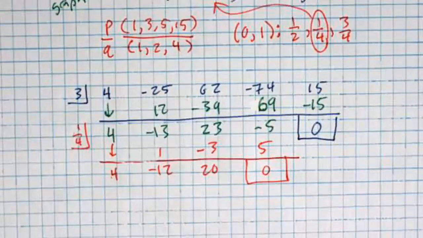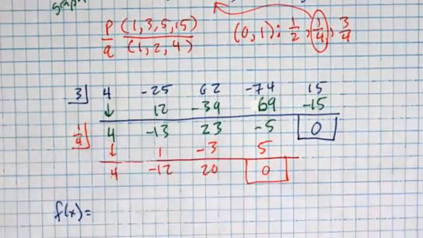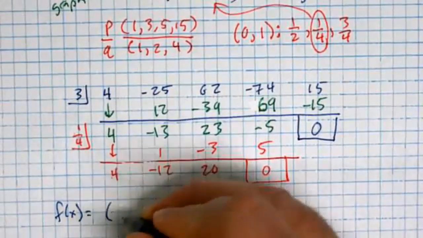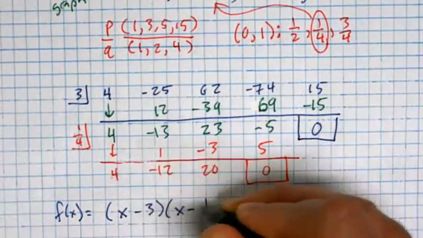Did we come up with the same things? Yep. So what I've done so far is I've divided out the factor x minus 3 and x minus 1/4.